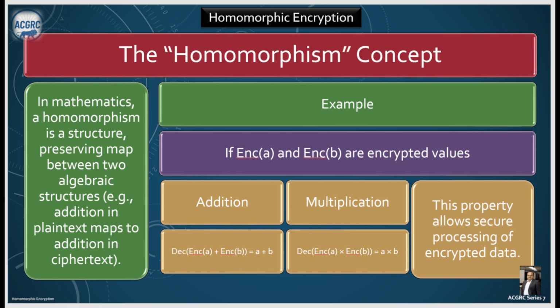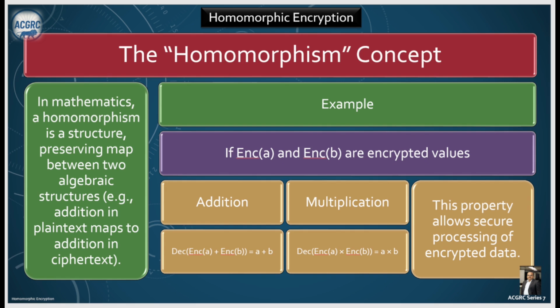In addition, what would happen is you would decrypt both of these encryptions as A plus B. In multiplication, you would decrypt the encryption A into encryption B as A into B. So now if you see this logic, you are decrypting the whole together.